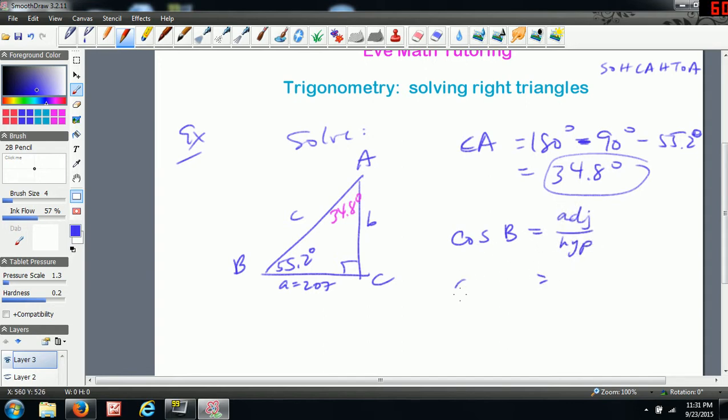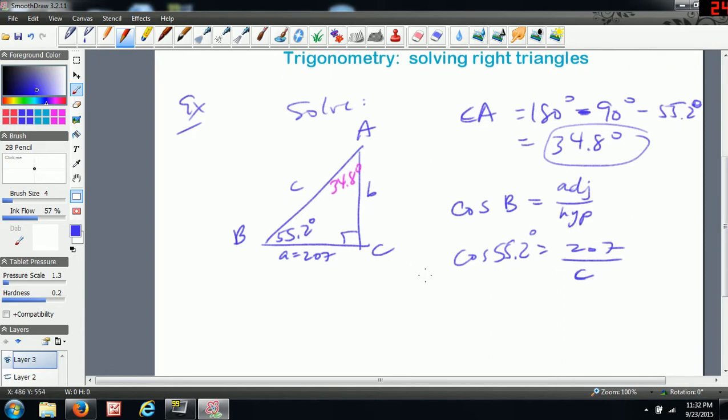So cos of B is equal to adjacent, which is this side right here, 207, over hypotenuse, which in this case is C. It's always the side across from the right angle, which is the longest side. And we would plug in cos of B, so I could plug that in over here too. I could have done that quickly. So that would have been 55.2. And then solving for C.